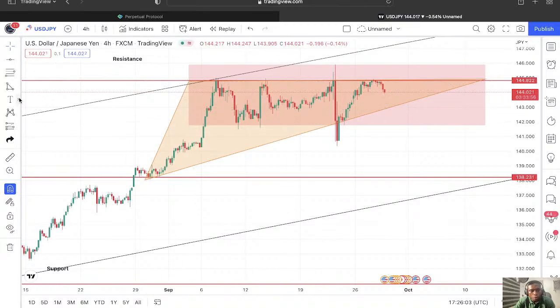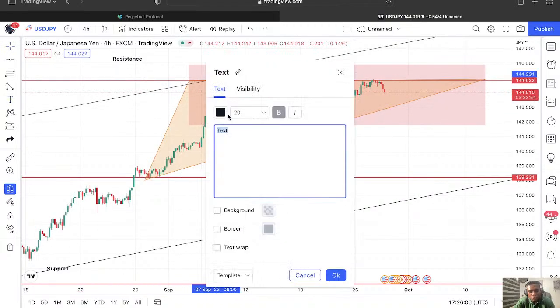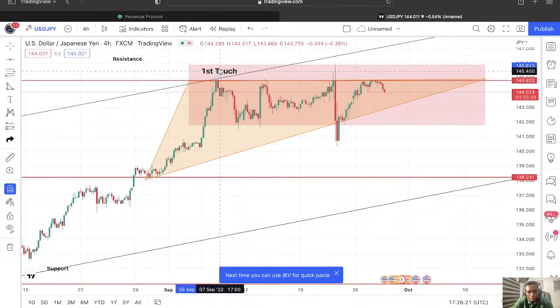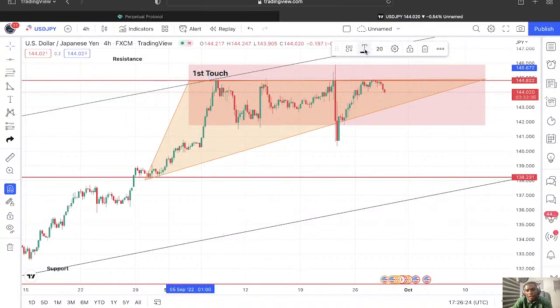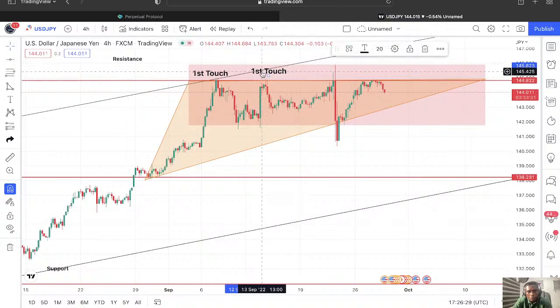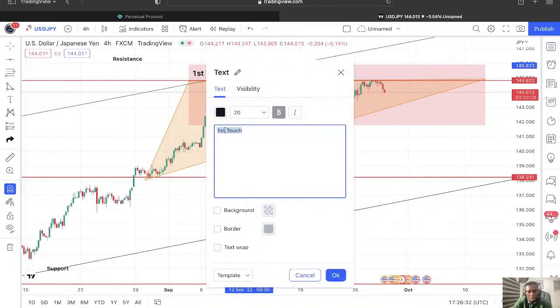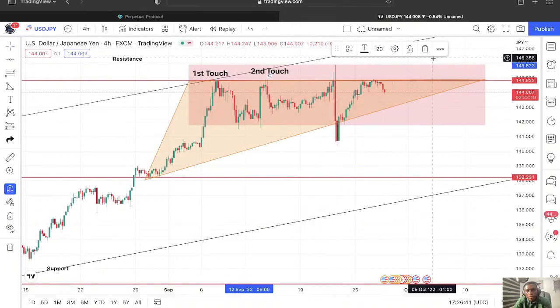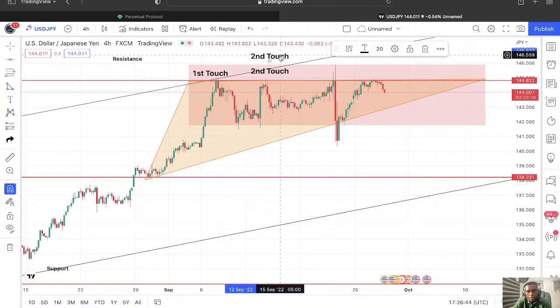I said earlier that price is consistently touching this zone, so you can see what price is doing here now. So here is the first touch. We call it first touch. Now look at another touch. Let's call it second touch. Then see another touch here.